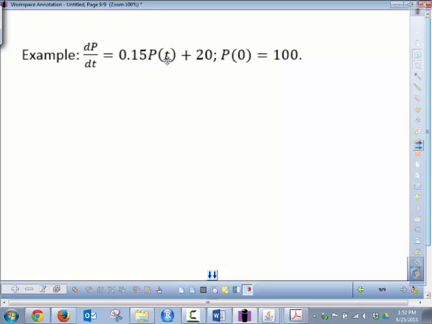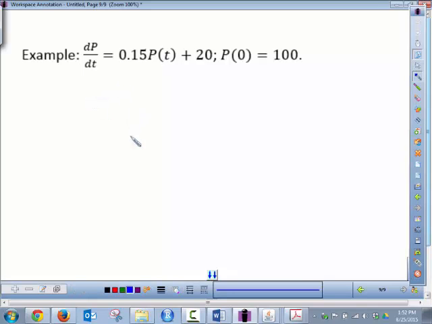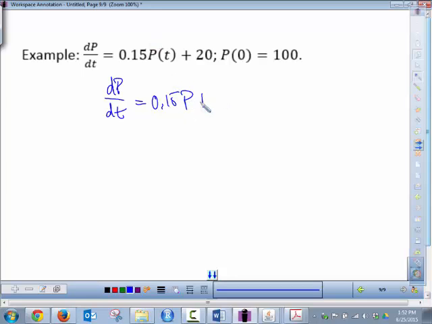This P of t just means P is a function of t. There's actually no t in there. It's not P times t. So let me rewrite it to avoid confusion, as dP/dt is equal to 0.15 P(t) plus 20. That's my differential equation that I'm starting with.